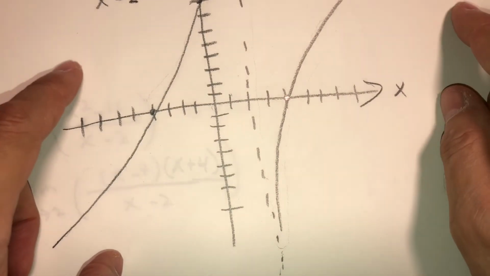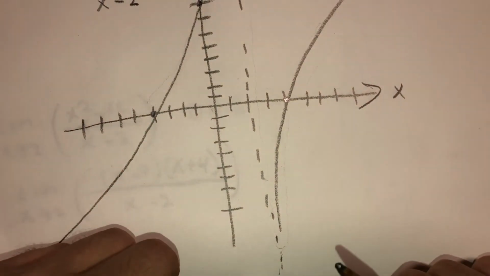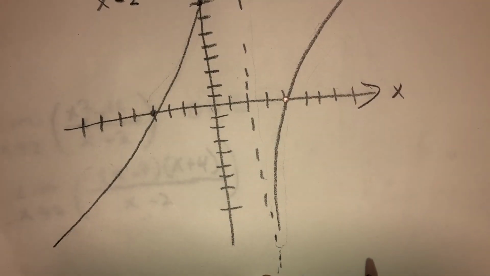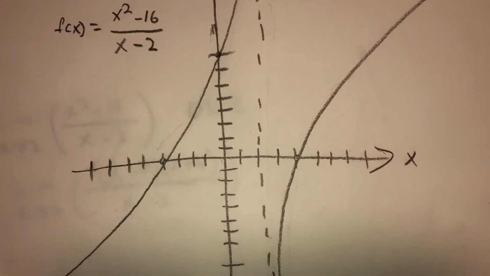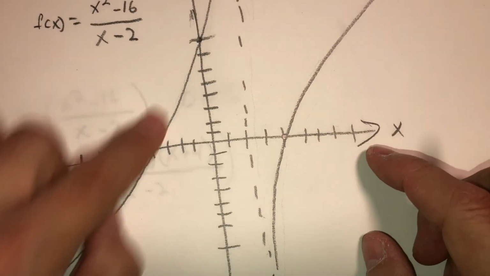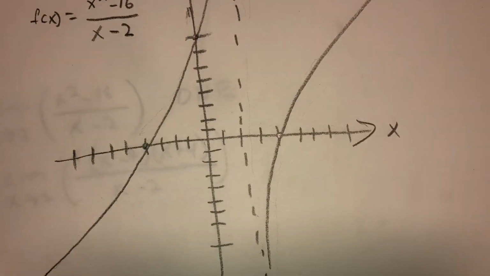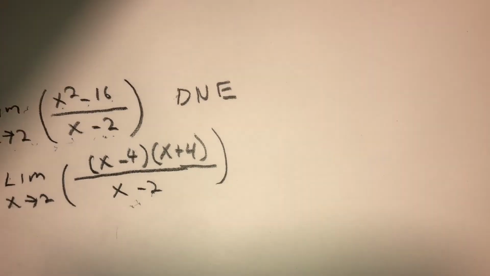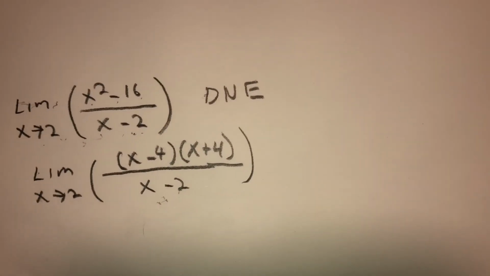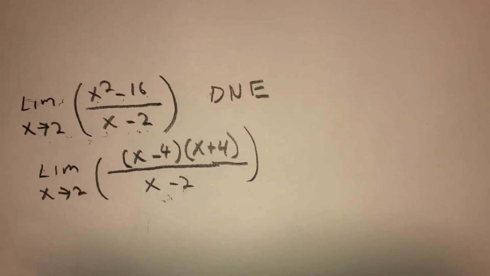If from the right-hand side and the left-hand side you're both going to negative infinity, then the limit will be negative infinity. But in this case we're going to different places from the left and the right, so it doesn't exist. Just wanted to show you what would happen if we can't divide out the problem.